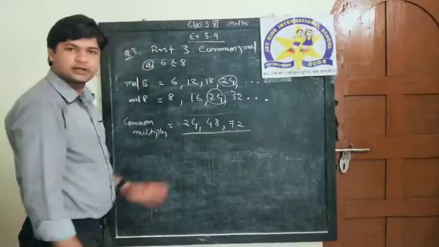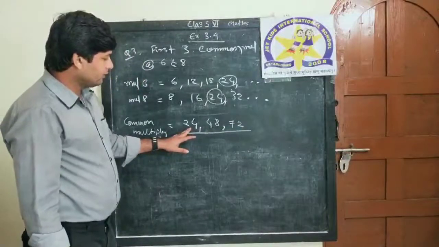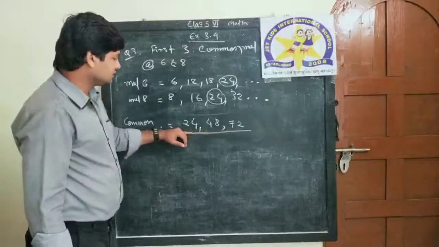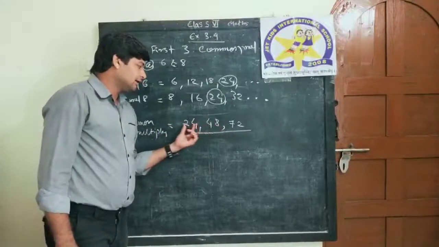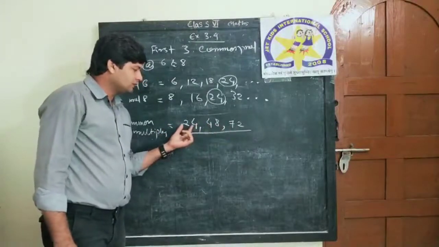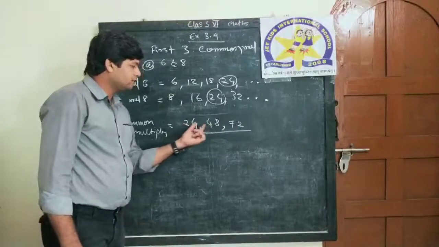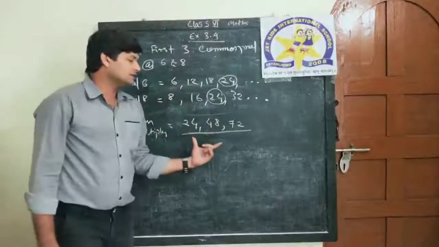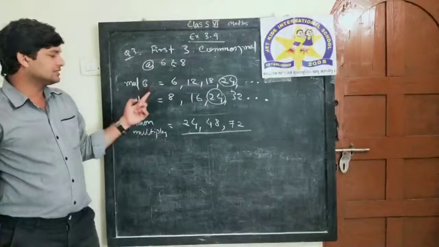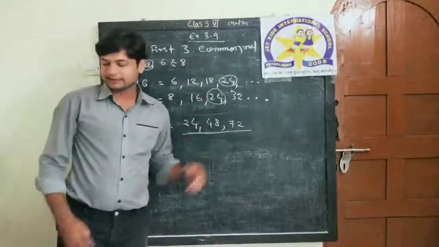First 3 common multiples: 24, 48, 72. Just find the first common multiple, then take its table. So here we found the first 3 common multiples of 6 and 8. Take a snap of it.